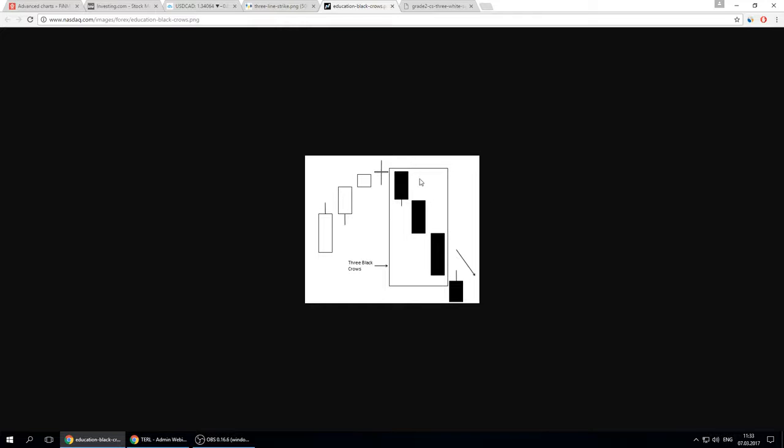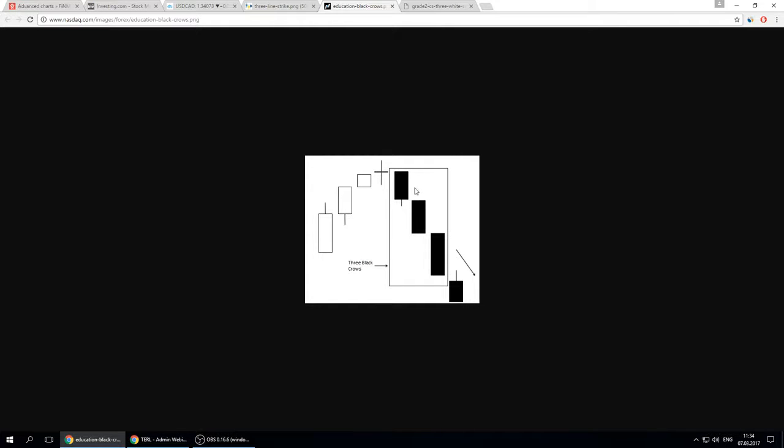Each candle in this pattern should consist of a relatively long bearish body, and each candle should close near the end or within the body of the previous candle. Okay, so it should end at this level, as we see on this picture.